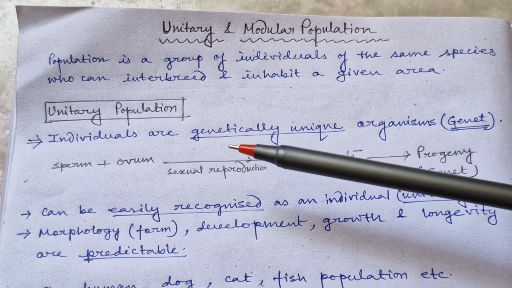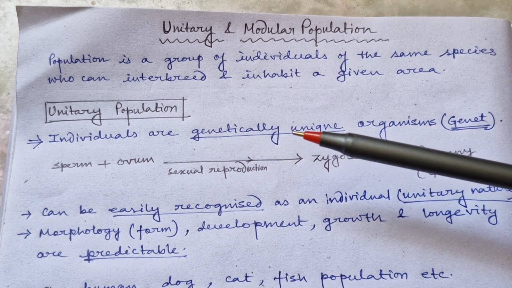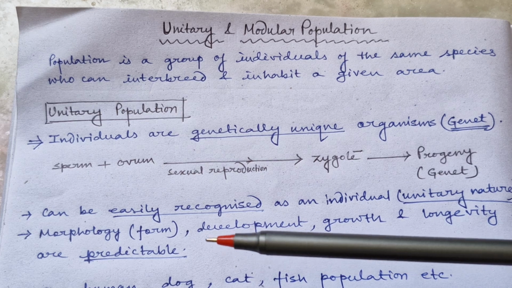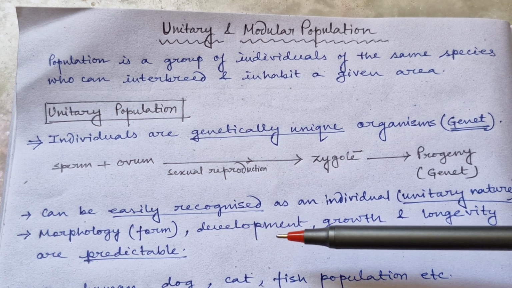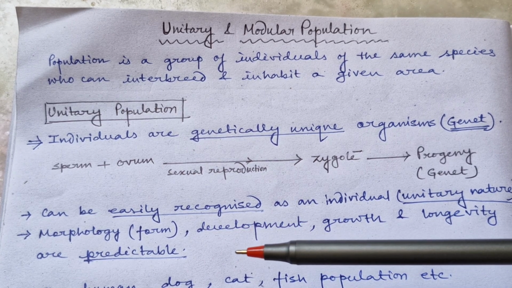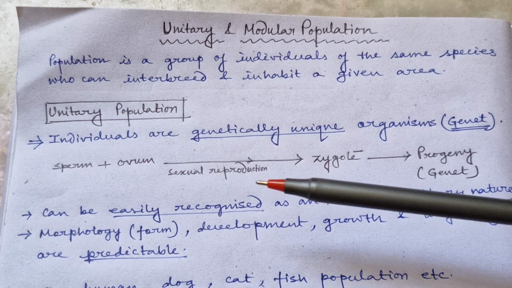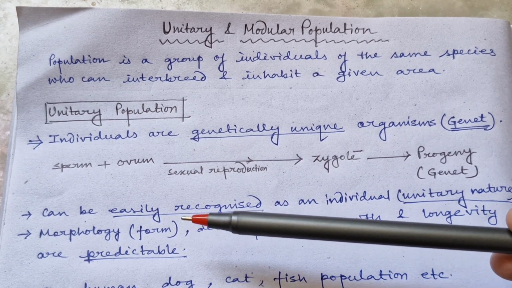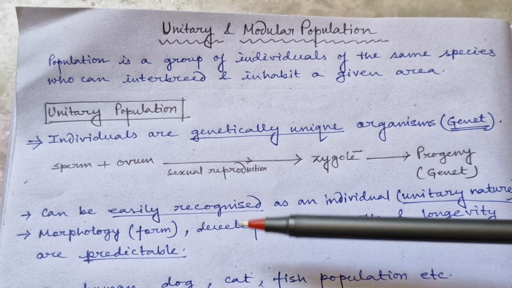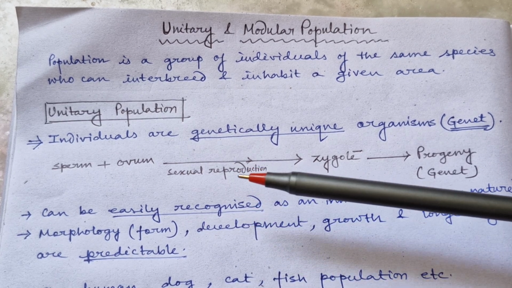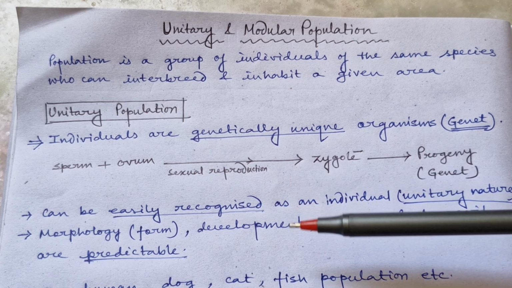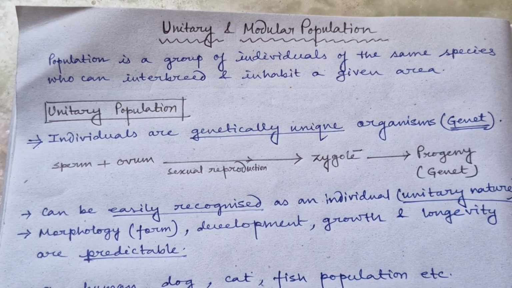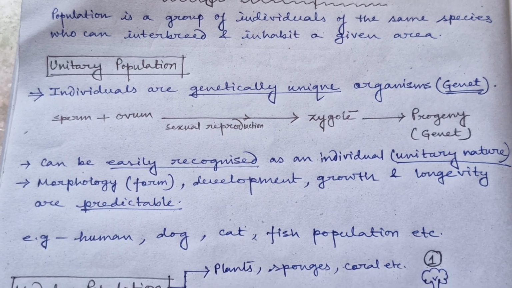So in unitary population, all the individuals are genetically unique and very easily recognizable, and their form or morphology, development and growth are very easily predictable. From a human mother, obviously a human baby will be formed, so it is easy to recognize its form, and we know how its development will go on. All the phases of development are also very predictable to us. So these are some properties of unitary population.